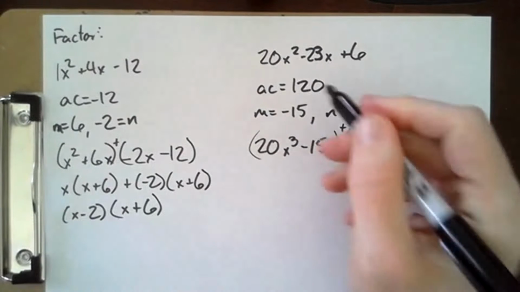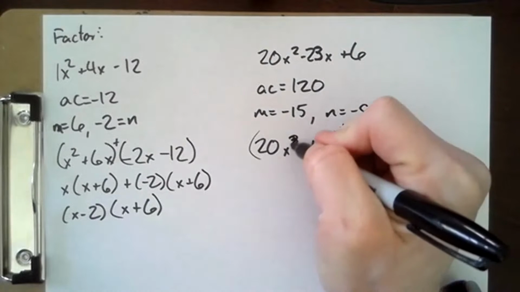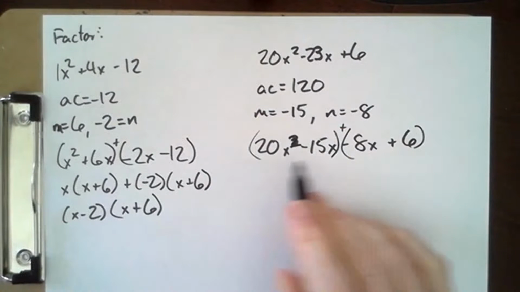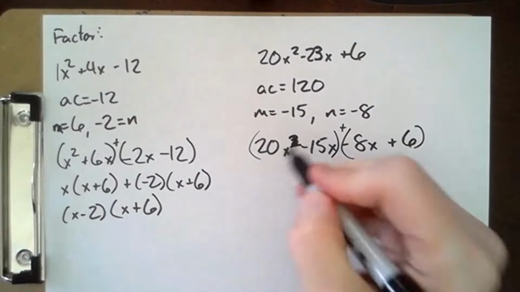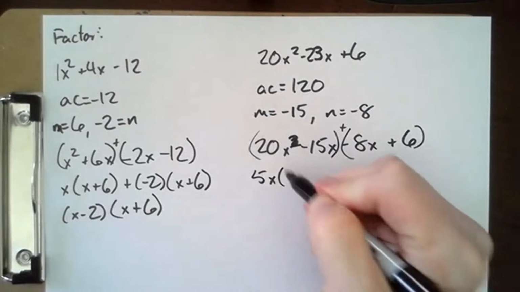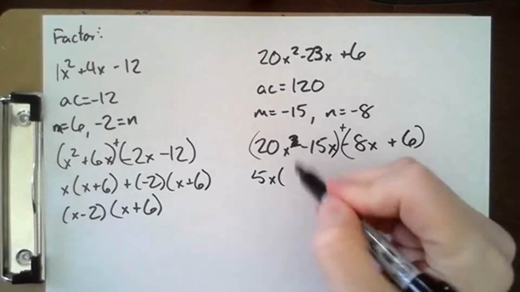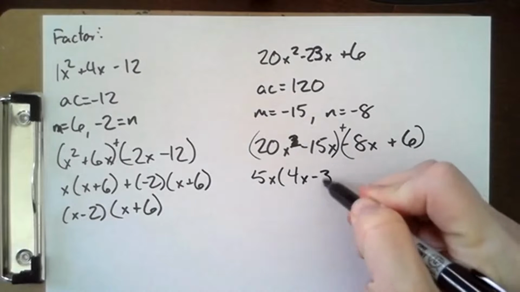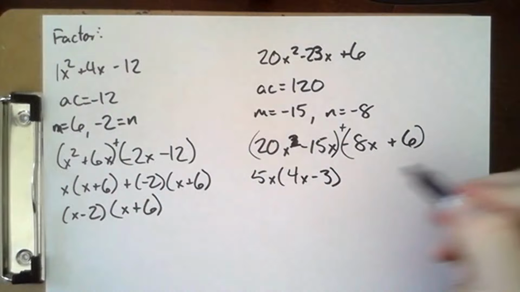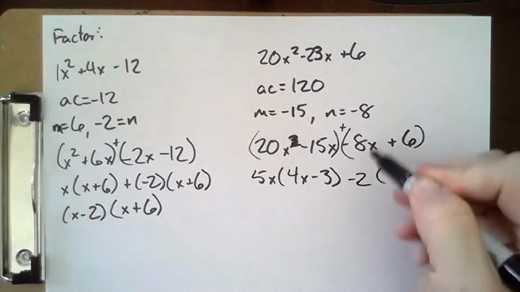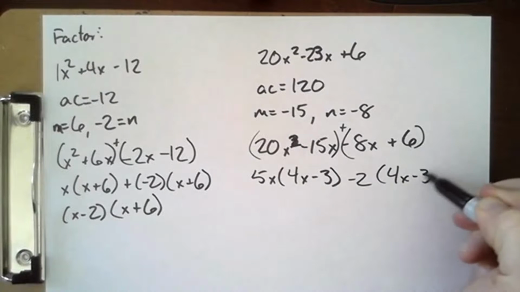And we can factor out a 5x from each of the first two terms. That's 5x times 4x minus 3. And here we've got a negative 2 times 4x minus 3.